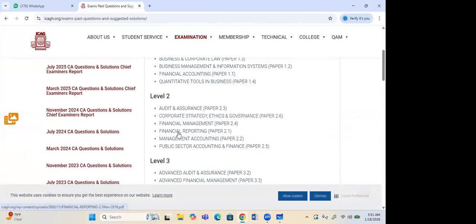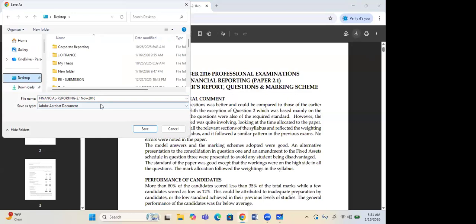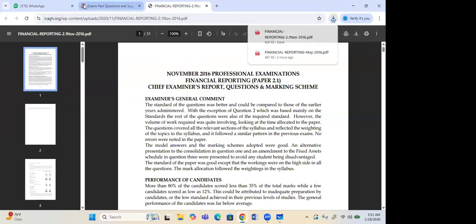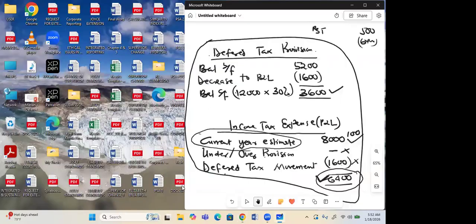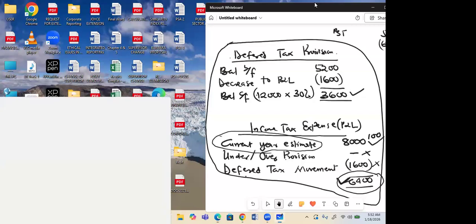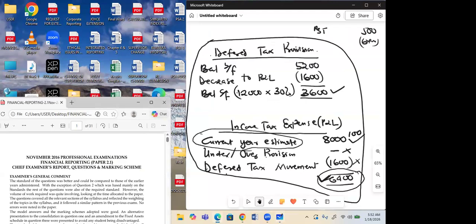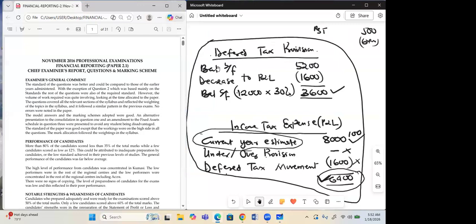Question 3. Please, can you see the question?